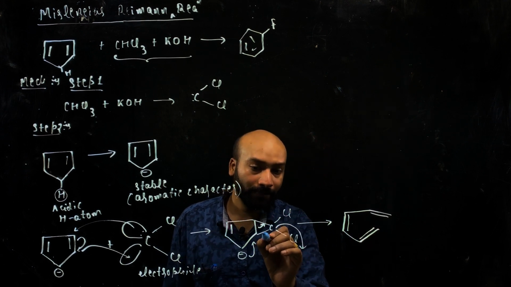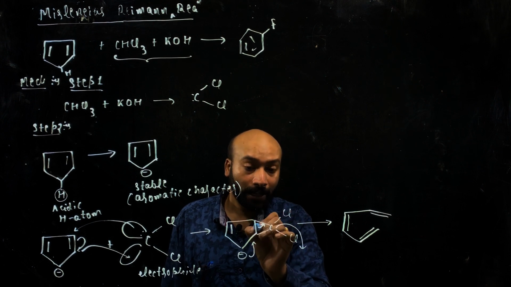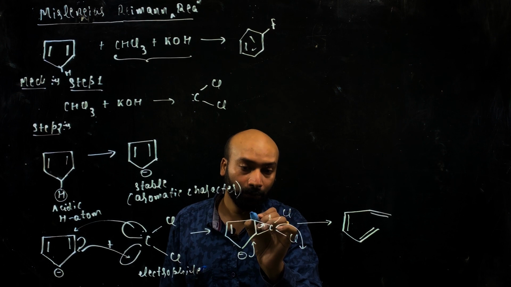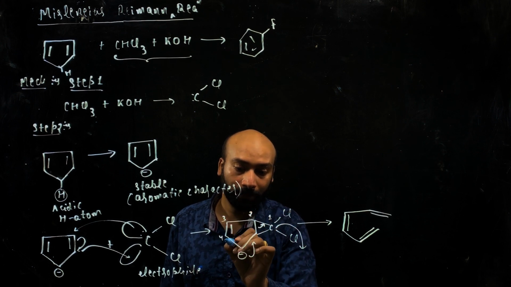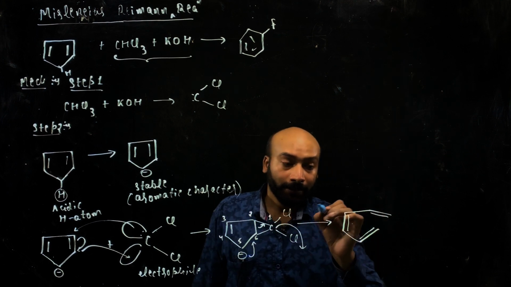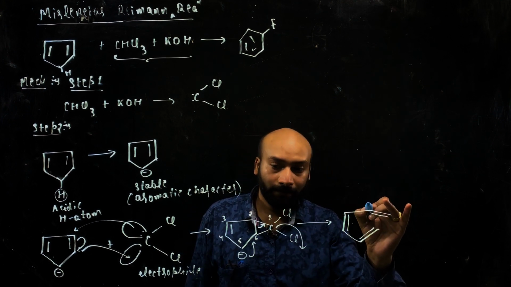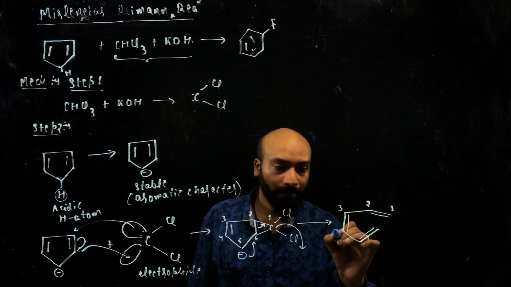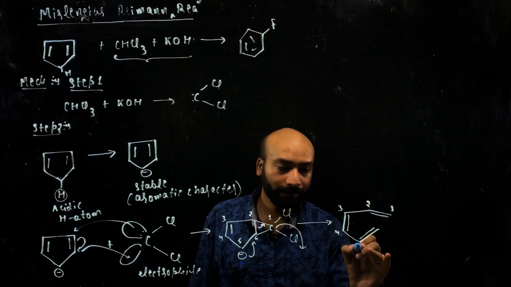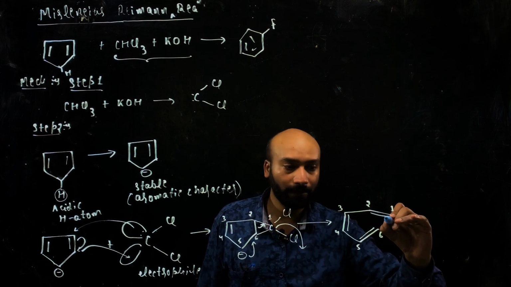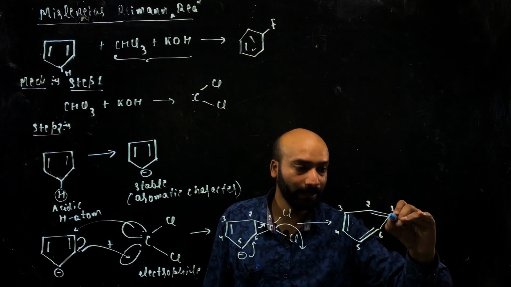If you find any mistake, you can point it out. I will give the numbers 1, 2, 3, 4, 5, 6. Now it will become a 6-membered ring. This one is 1 carbon, 2 carbon, 3 carbon, this one is the 4 carbon, this one is the 5 carbon, this one is the 6 carbon, and the 1 carbon will form a bond with the 6 carbon.